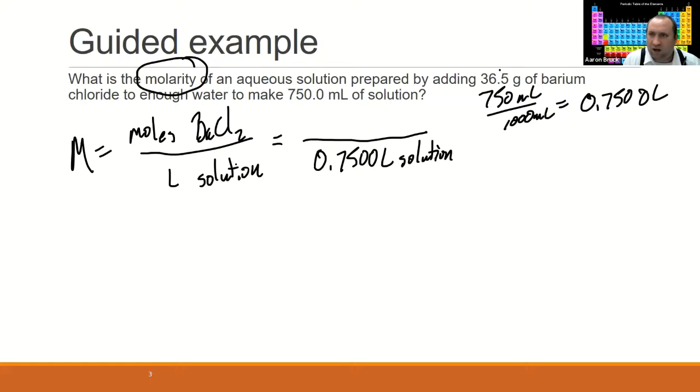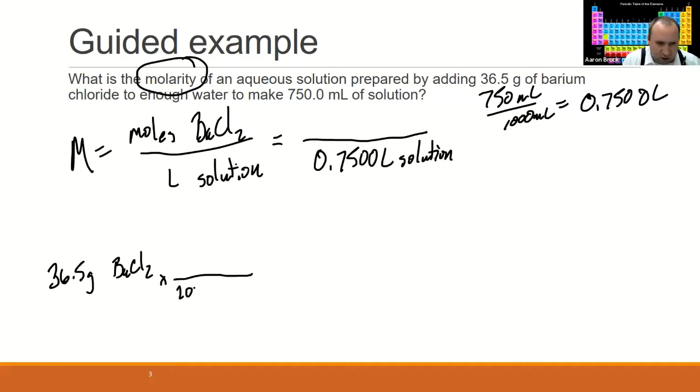For the numerator, we're going to need to do this conversion, 36.5 grams of barium chloride into moles. And for that, we need the molar mass of barium, 137.33, plus the mass of chlorine, 35.45, multiplied by 2.